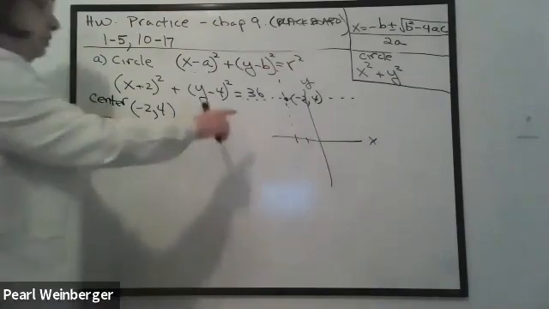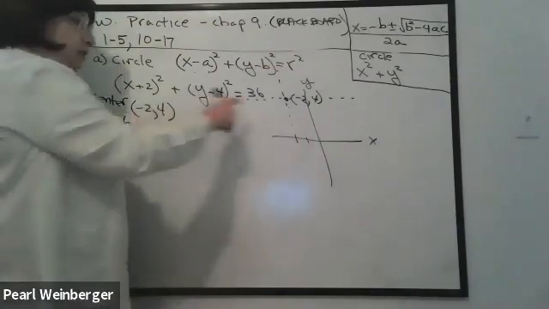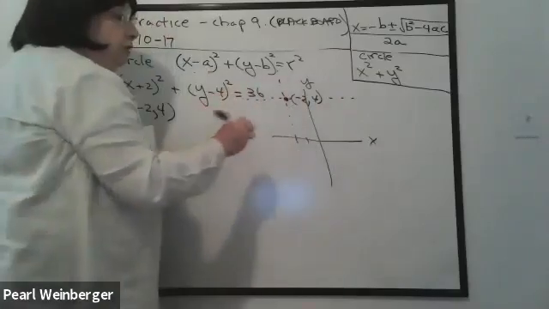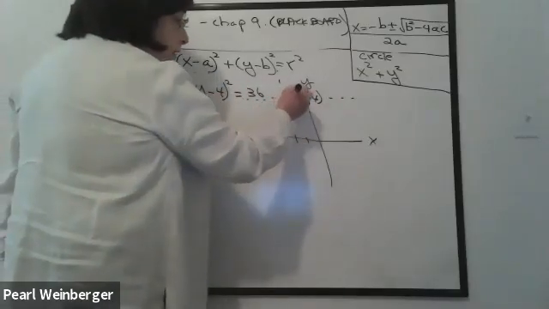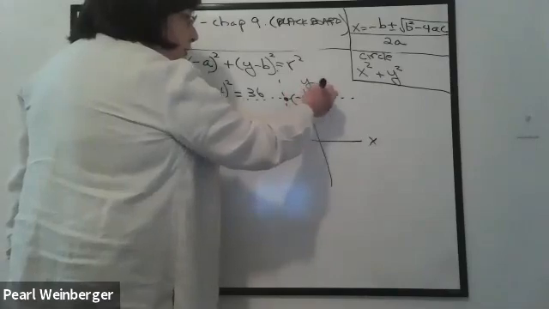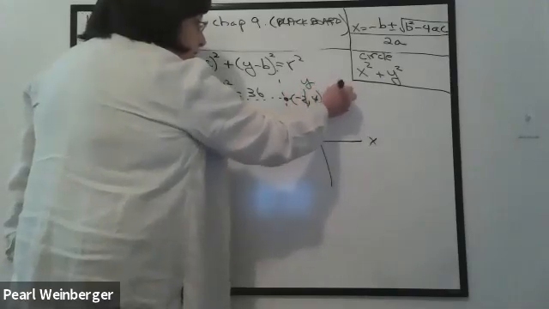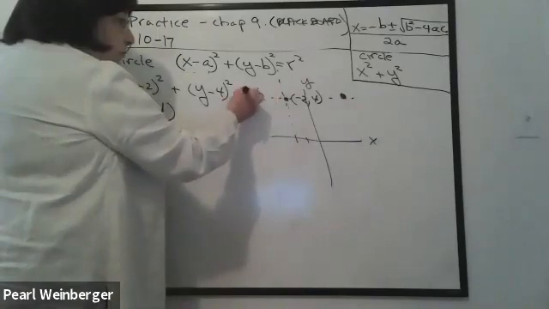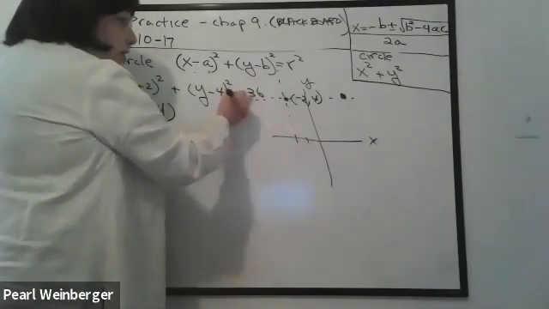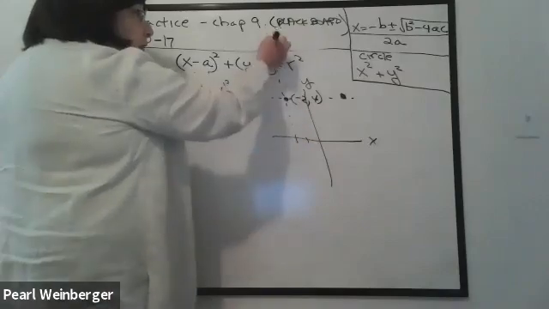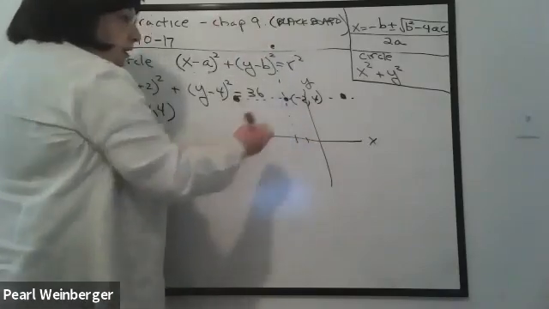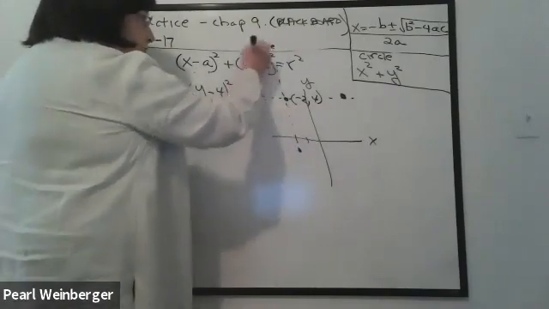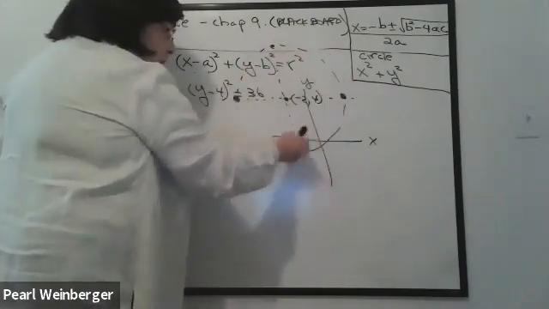And what you do is since your radius is 6, from that point that's the center, you go 6 in all 4 directions. 6 to the right, 1, 2, 3, 4, 5, 6. I'm just estimating. 6 to the left, 1, 2, 3, 4, 5, 6. 6 up, something like that, and 6 down, something like that. And here would be my circle.